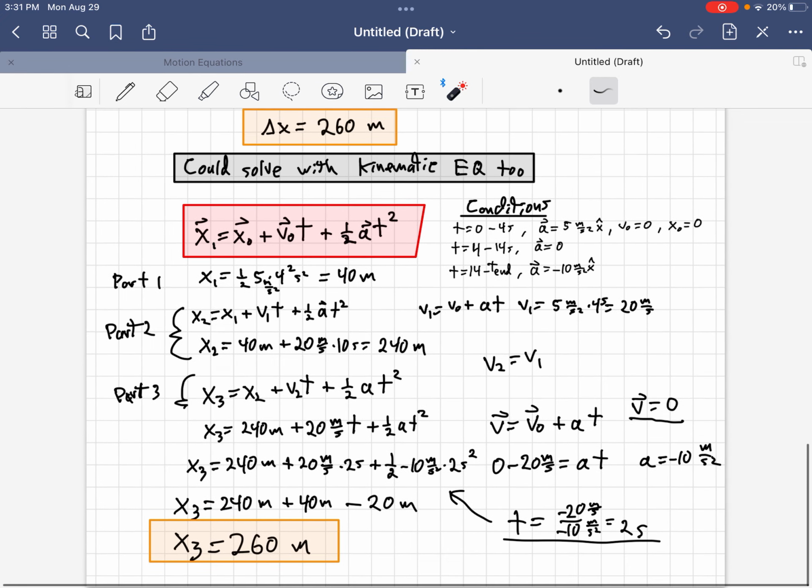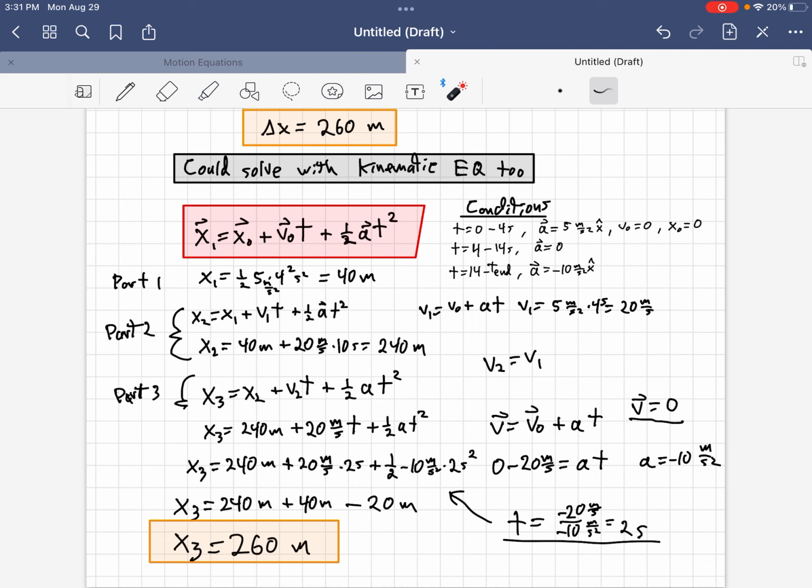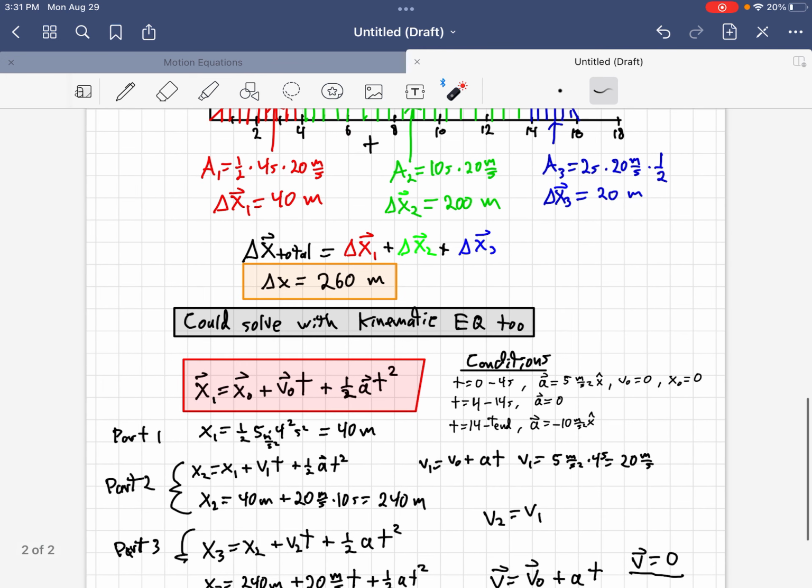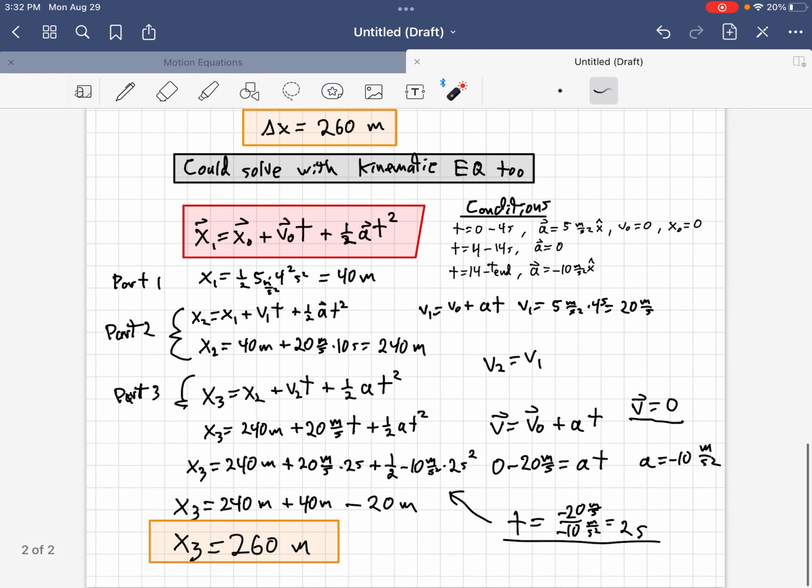All right, so when we plug that in, we can see that our final position after part 3 is going to be 240 plus 40 meters minus 20 meters, and that's 260 meters. The exact same answer that we calculated with the graphical method. So both methods are valid.